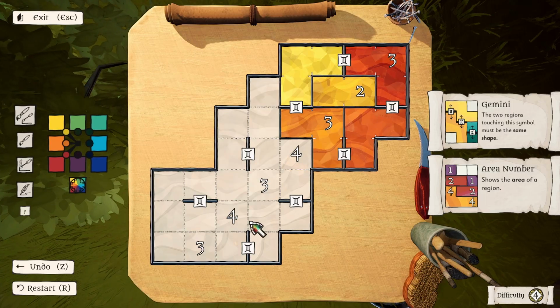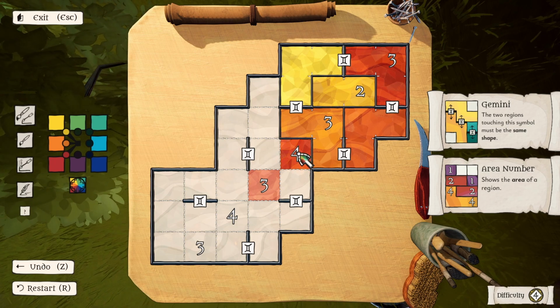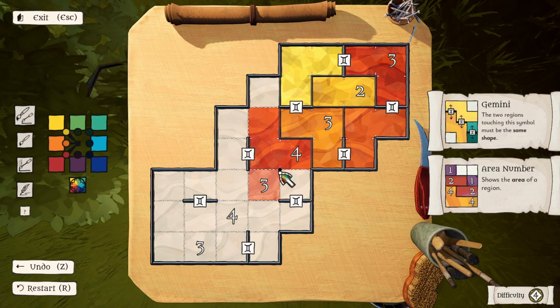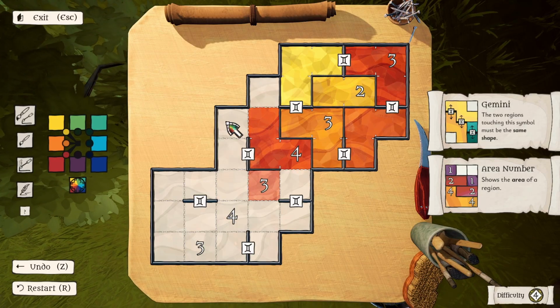Let's see, this 3 can't take that, because then this 4 couldn't do anything. So this 4, if it takes that, it still has to go here. And here. So the 4 definitely takes those two, and might take that one, or that one, or that one.